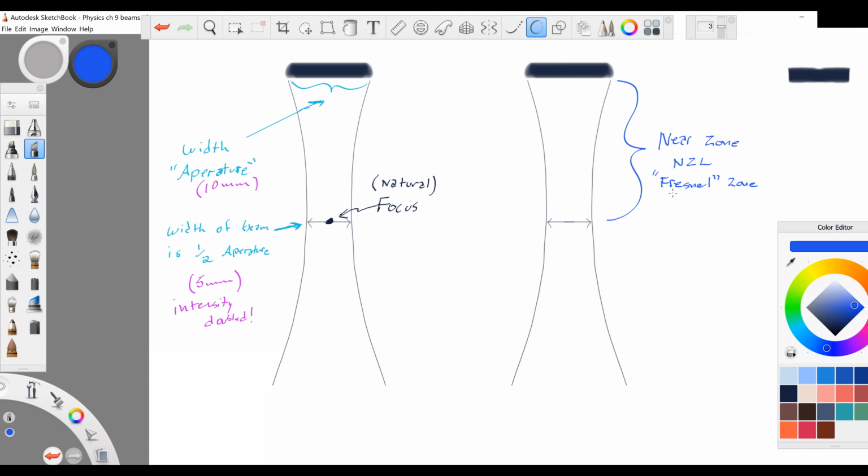Know both of those terms, near zone, near field. You can figure out that means the same thing, but Fresnel, that's a guy. He was an optics dude. I think he created the lenses and mirrors for the lighthouse.